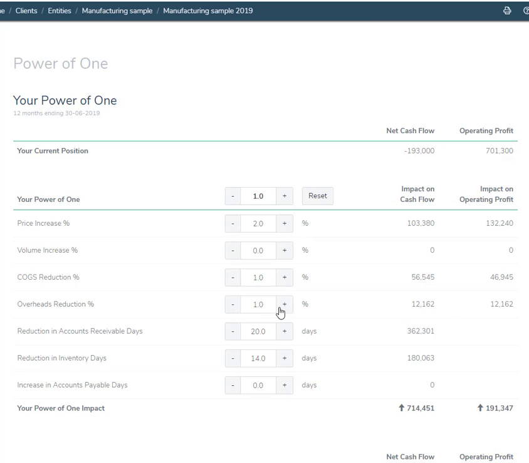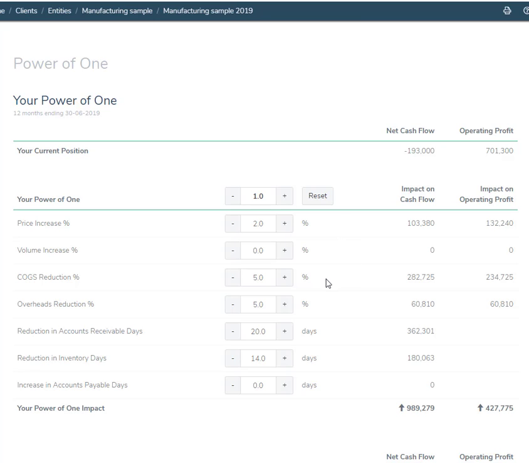We can also look at reducing our overheads, which had increased significantly. So we might try and reduce our overheads by 5%. And then our cost of goods sold, we'll also try and reduce that by 5%. Now, as you can see, we're going to look to increase prices by 2%.